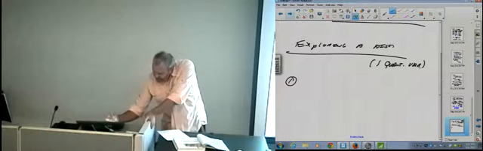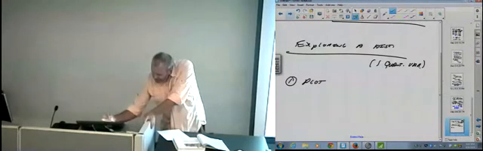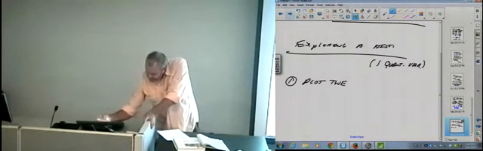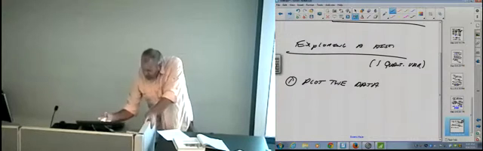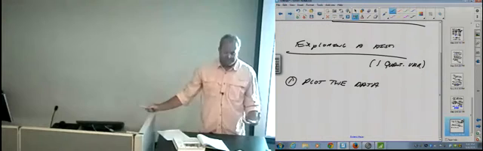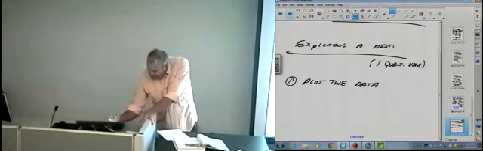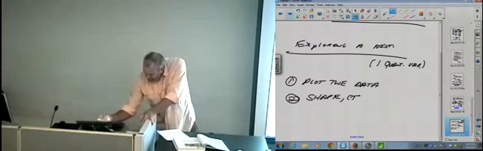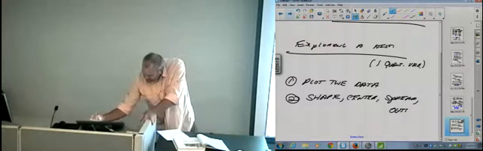We always plot the data. I just told you had 2 choices, either a histogram or a stem plot. 2, you tell me about shape, center, spread, outliers.